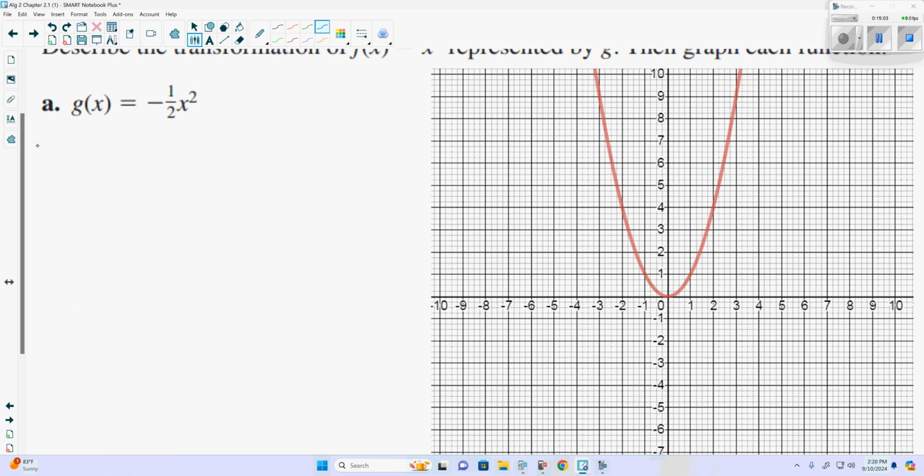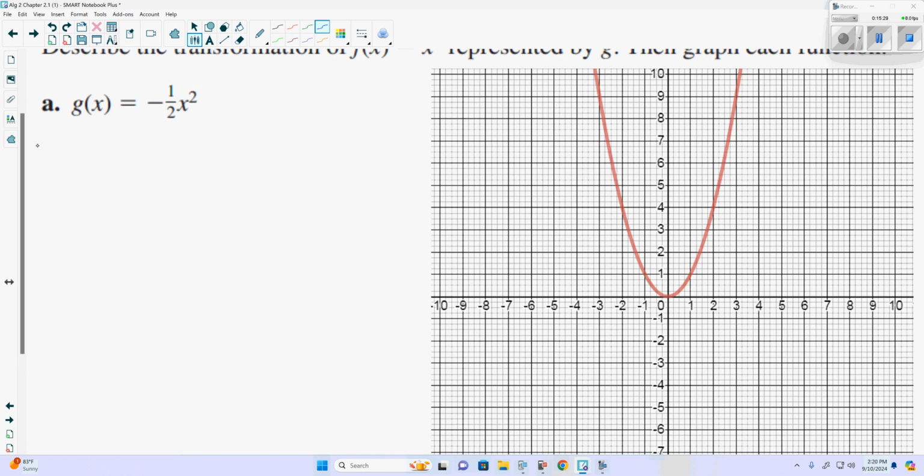Is either or both of these inside parentheses? Are there parentheses? Well, no, there's no parentheses written, so it's understood that they are outside. And what that tells us is that it's not horizontal stretch or shrink, and it's not a reflection across the y. Both of those are inside.